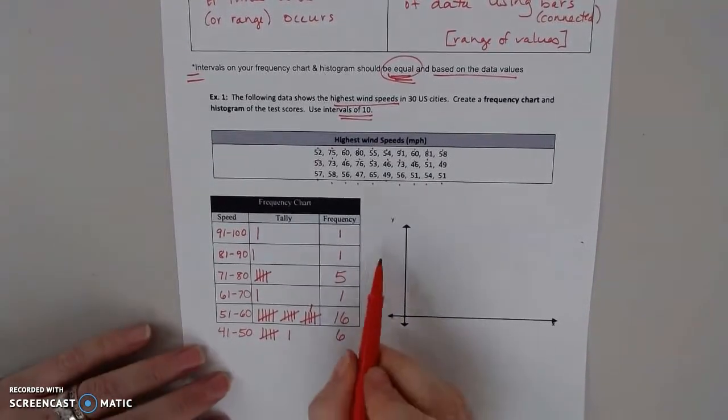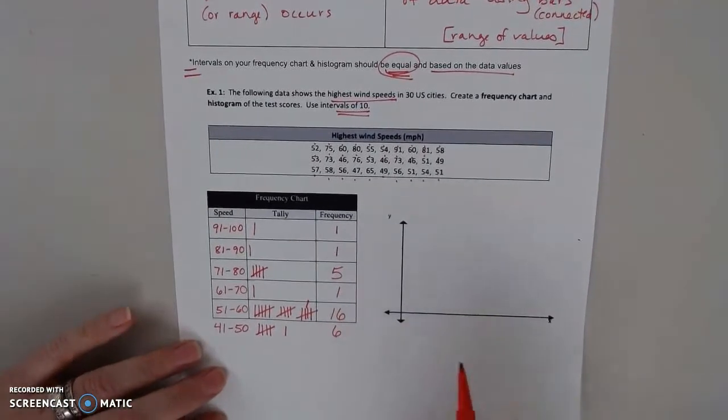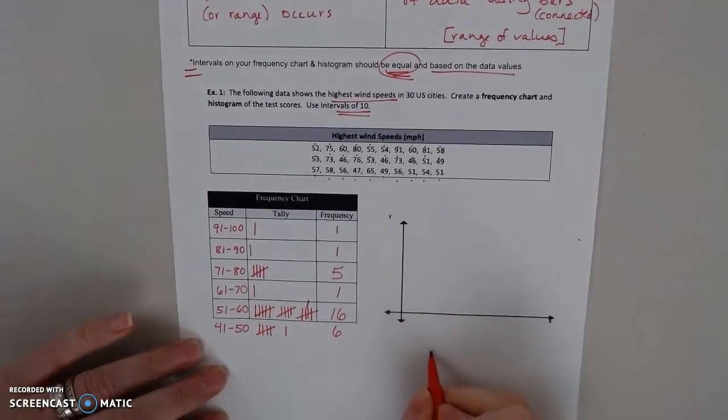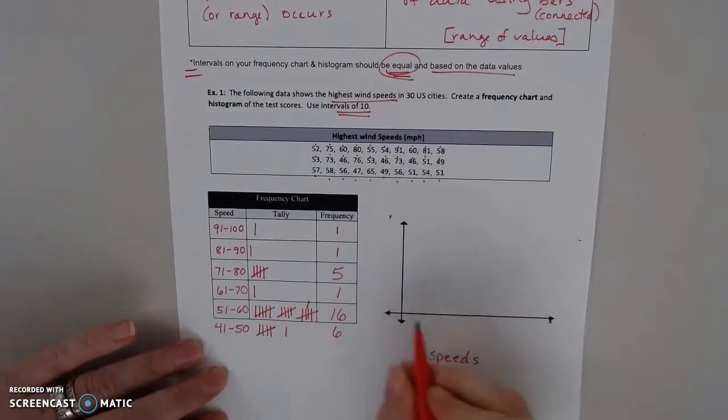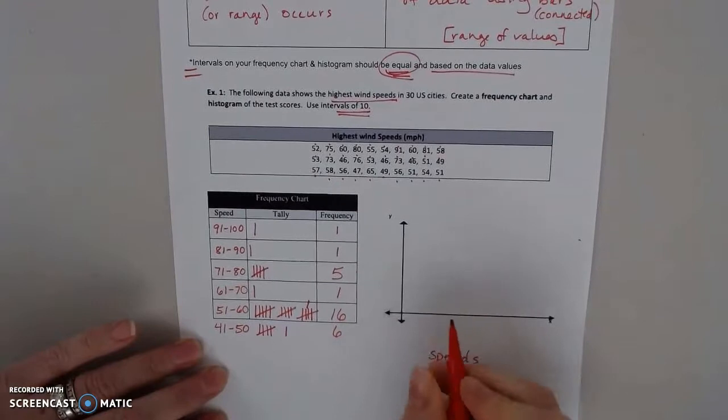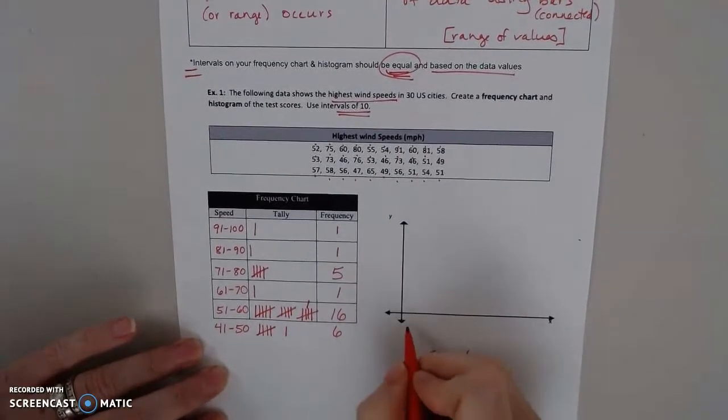So for the histogram, you need labels on both axes. So at the bottom, we're going to put speeds, and then we'll do our intervals. So I'll just start at the lowest, and I do like to include starting at 0.